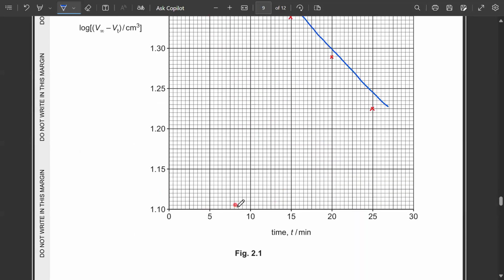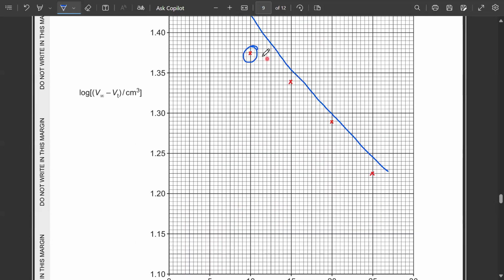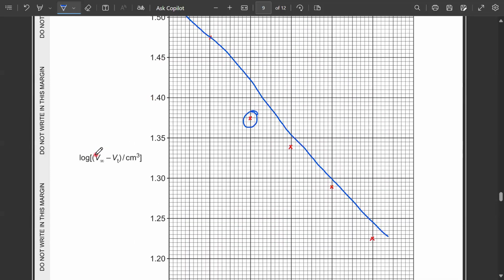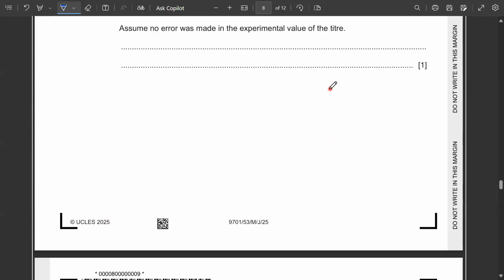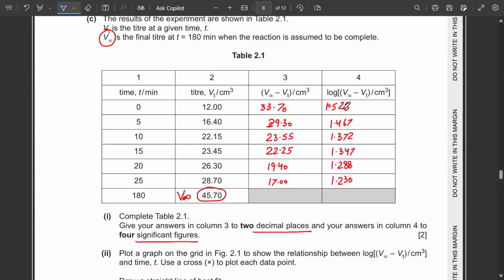Left means less time, and down means less value of log. So, less value of log and less time. At 10 minutes, the value of the log is less, which means this difference is less. When the difference is less, then the log value is less.